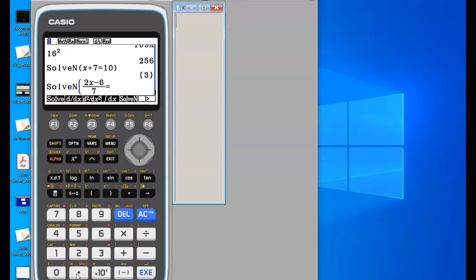It was a bit loud. And I'm pretty impressed that came out as a whole number, not a decimal. That doesn't happen very often.